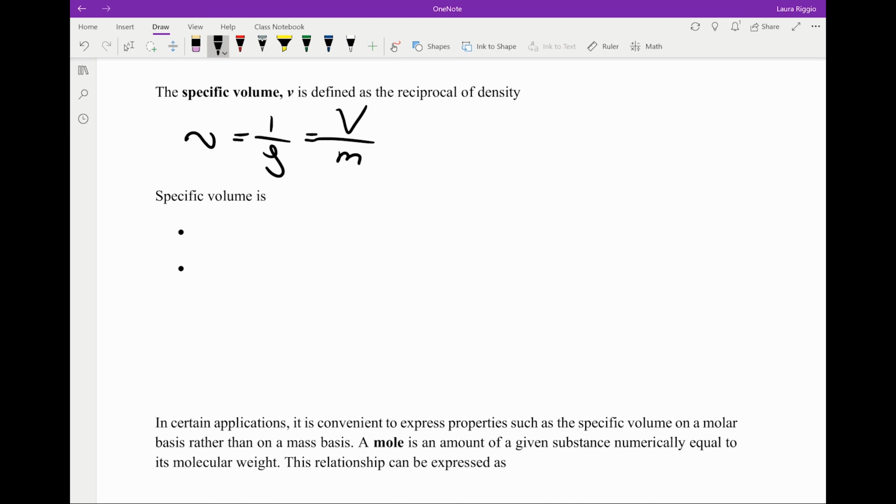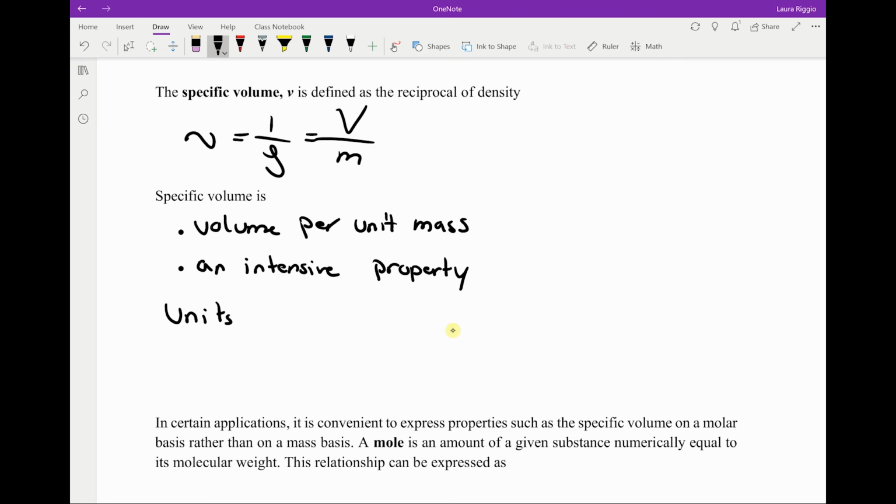So the specific volume is the volume per unit mass. It's an intensive property, and its units are, so in SI, it's meters cubed per kilogram, and in English, it's feet cubed per pound mass.